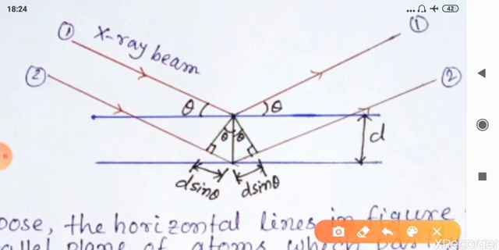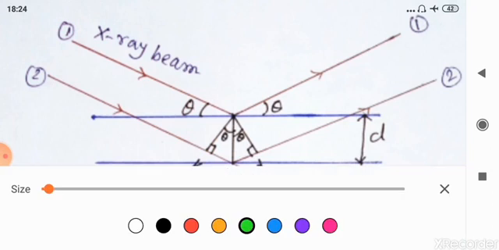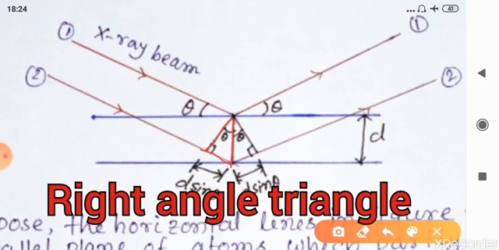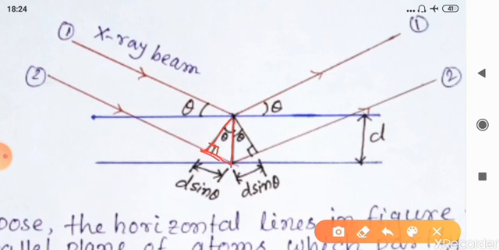From this simple figure we can see this is an isosceles triangle. Here this is the 90 degree and this side will be d sin theta because this is d.